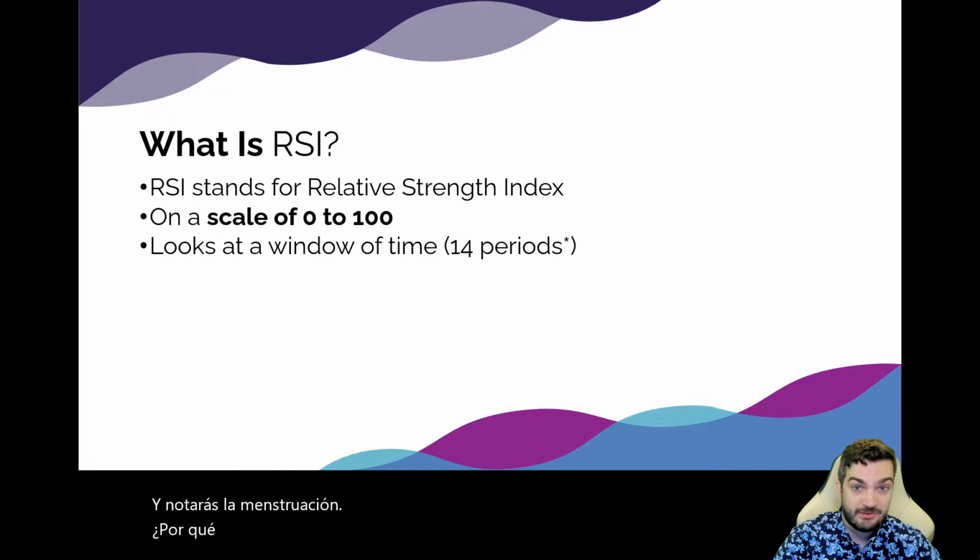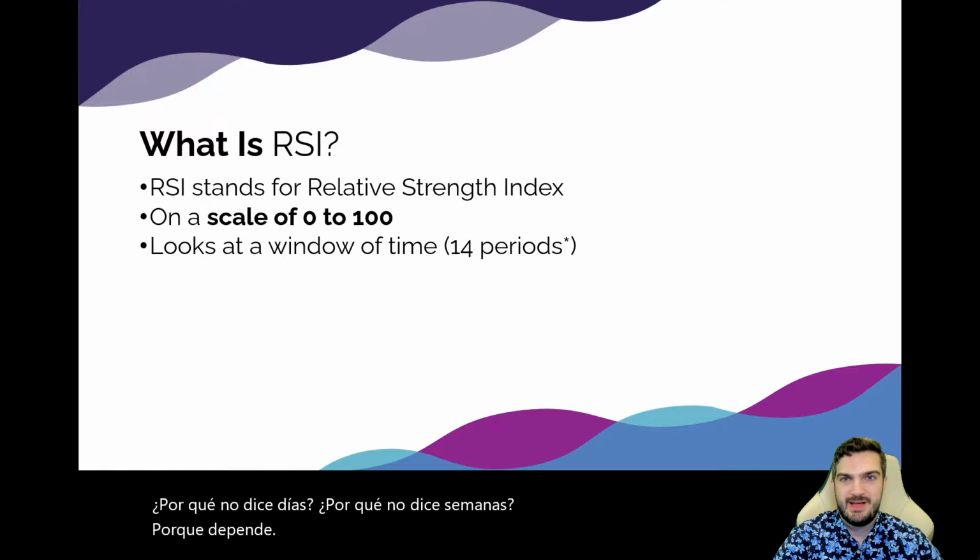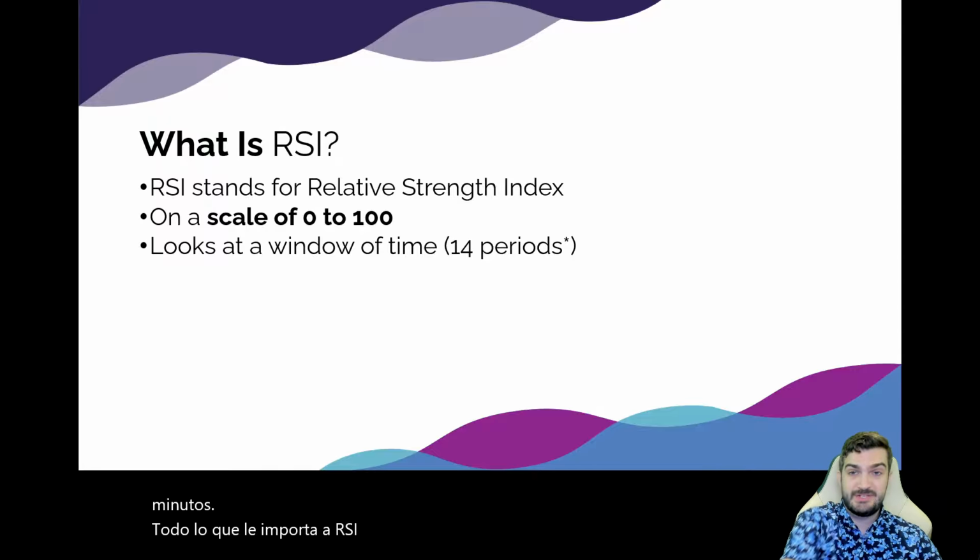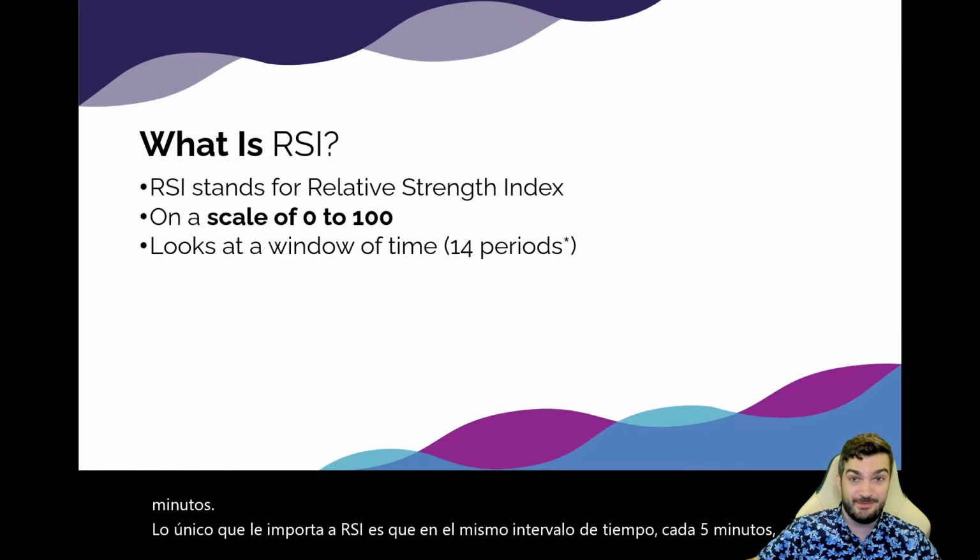Well, because it depends. A period can be anything. A period can be 1 day, 4 hours, 1 hour, or 5 minutes. RSI does not care. All RSI cares about is that at the same interval of time, every 5 minutes, you check the price. That's all it cares about.